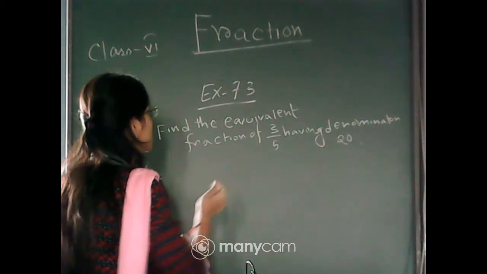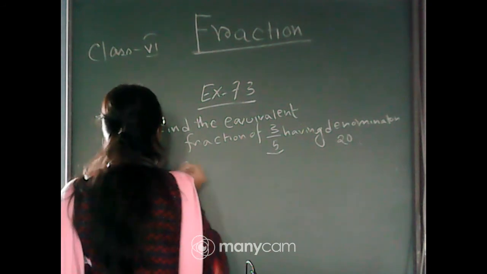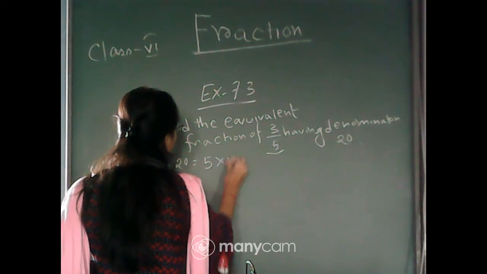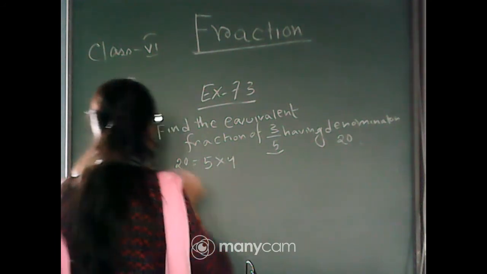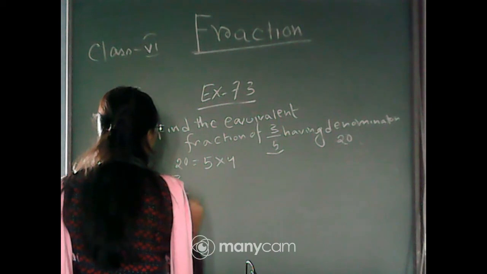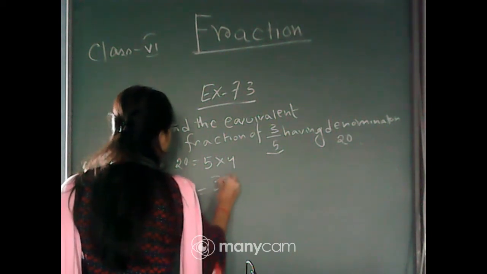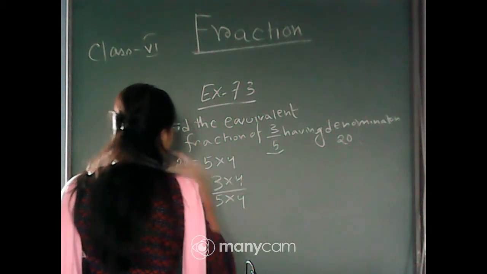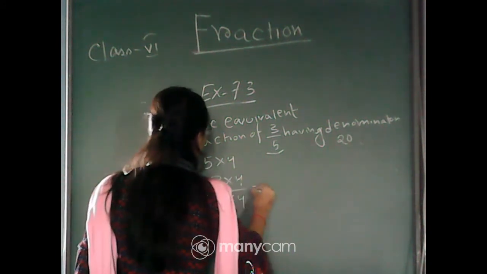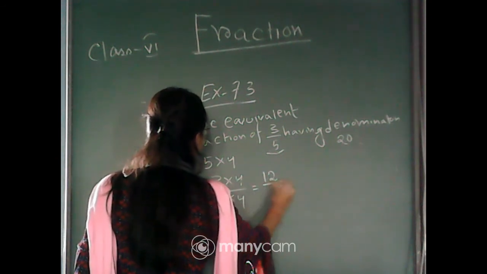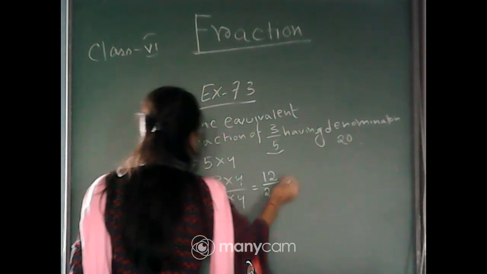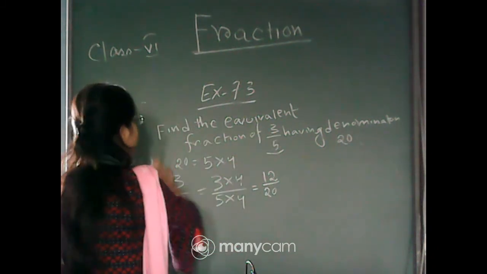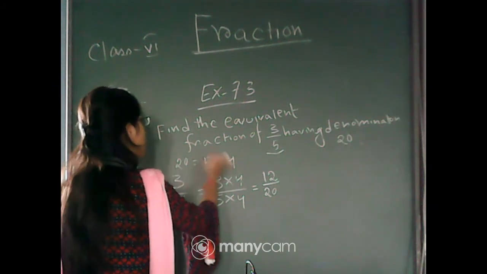First we observe the denominator and we find that 20 is equal to 5 cross 4.